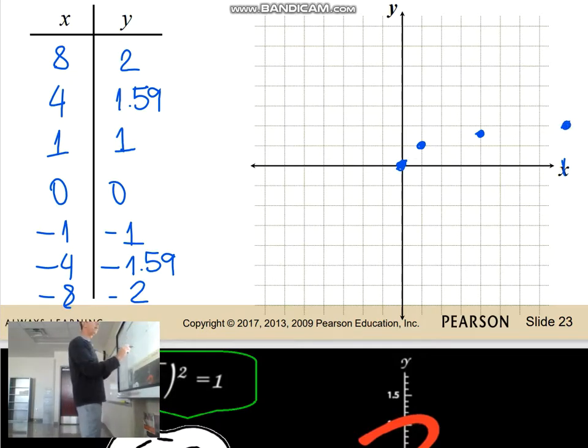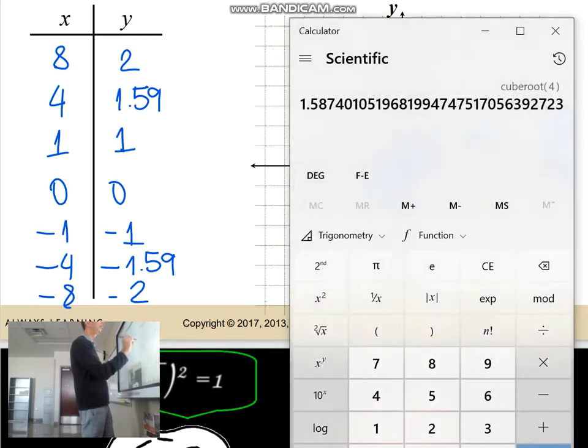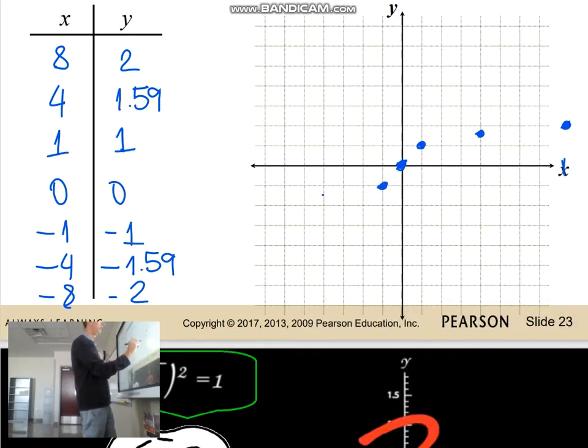Great. Then we're going to have also on the other side the negative numbers. x equals negative 1, y equals negative 1, x equals negative 4, y equals negative 1.59 approximately. So 1, 2, 3, 4, here.